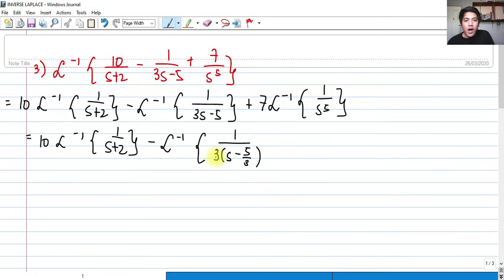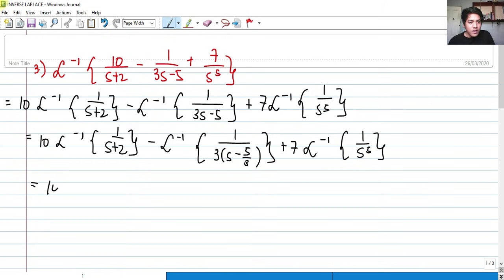If I distribute this, that is 3s minus 5, given that I divided by 3 on the negative 5 side. So this denominator is equal to this, except that I factored out 3, but we need to compensate for the 3 again. Plus 7 times the inverse Laplace of 1 over s raised to 5.